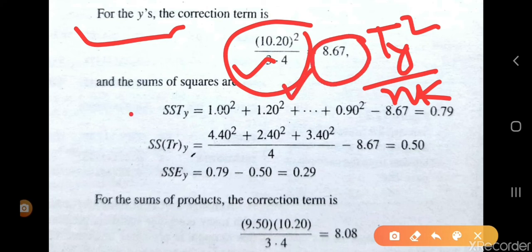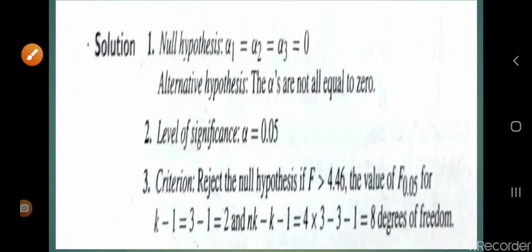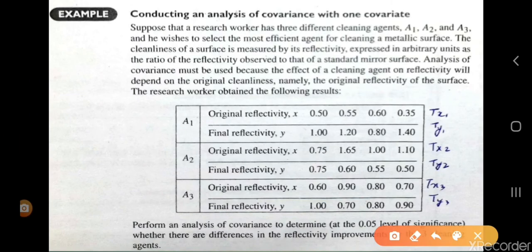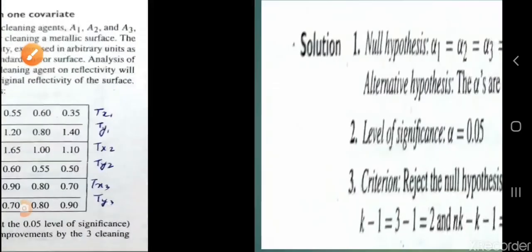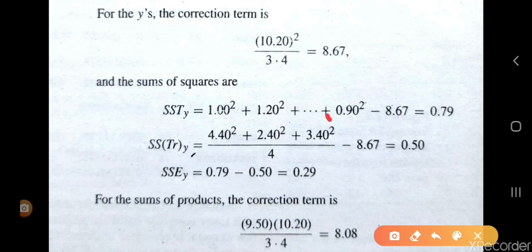Similarly we calculate total sum of square for y, which is nothing but y ij square, that is 0.1 square plus 1.2 square up to 0.9 square, minus c will give us total sum of square for y.